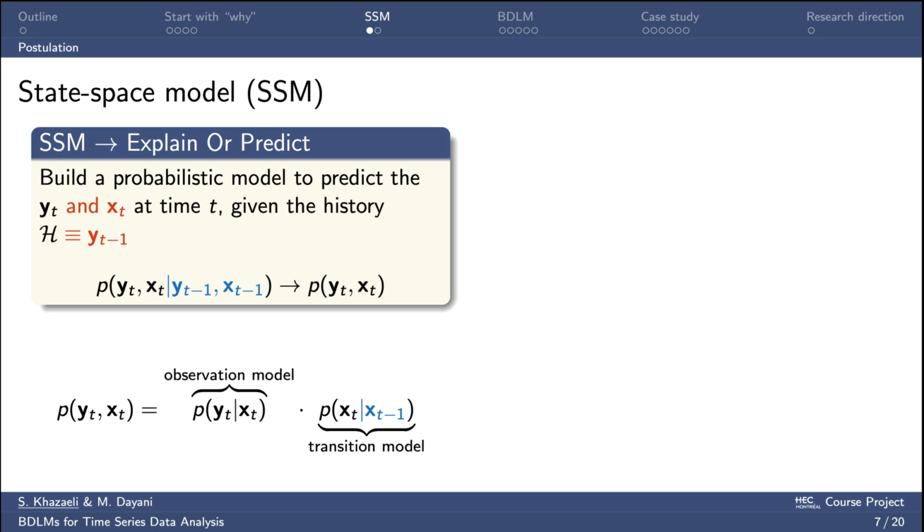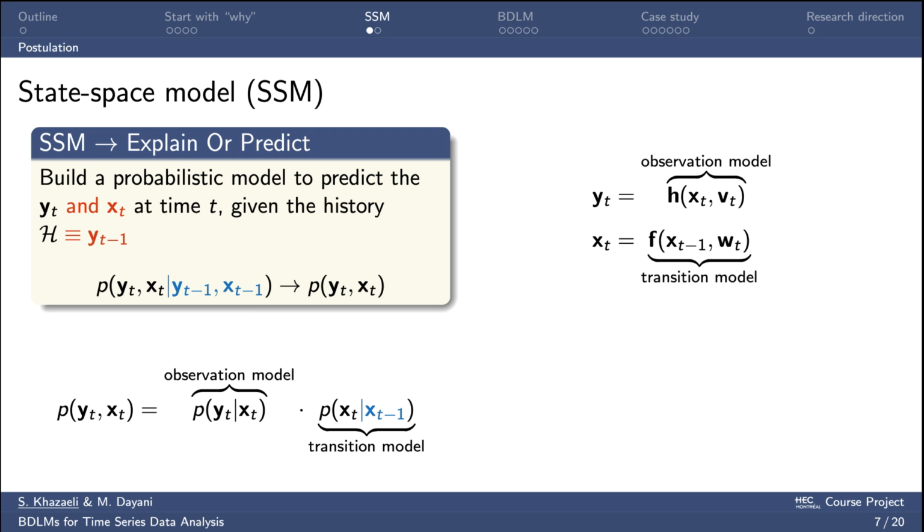It is common in probability that we represent the probabilistic model with functions. We can define 2 functions that each represents one of those probabilistic models. The first one is denoted by h, and it represents the observation model. Actually, it maps the underlying dynamics to the observations.